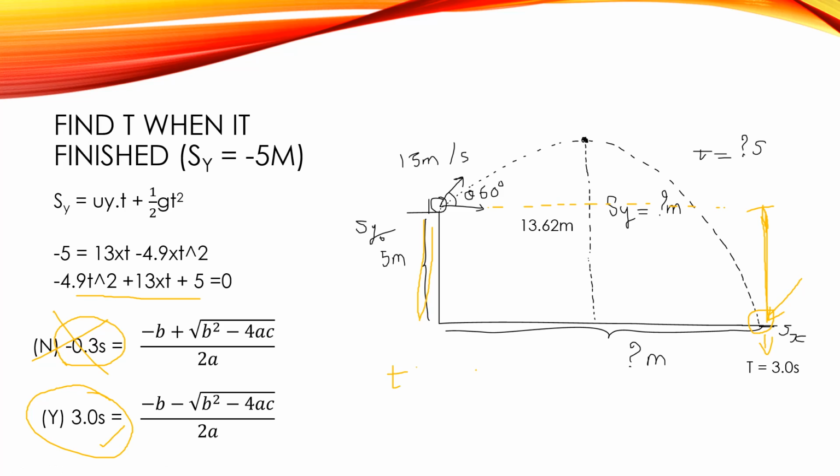Okay, now we have t equals 3 and ux equal u times cos 60 equal 7.5 meters per second.